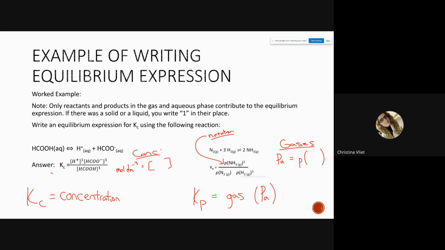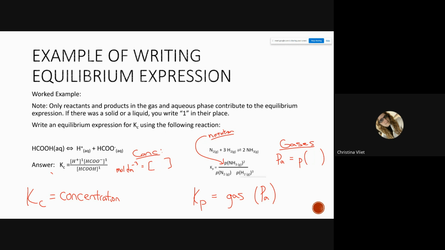So be very careful, parentheses versus brackets. Make your brackets look like brackets and your parentheses look like parentheses, because it actually means something different, communication-wise. Brackets, you're saying concentration. Parentheses, you're saying gas. And when you put concentration, you do not have to put the C in front of the brackets.